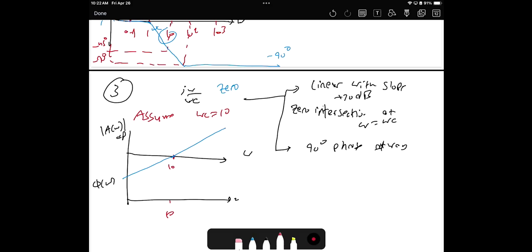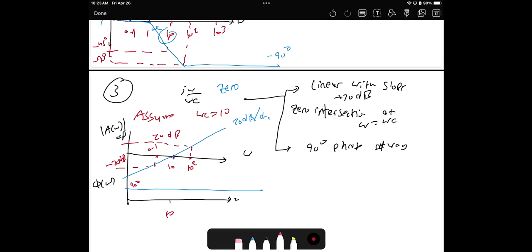For example, we have 0.1, here is 10, or 10 power 2. The slope is, again, negative 20 dB, actually positive, per decade. So at 10 power 2, this will be 20 dB. Here, this is also like negative 20 dB. It is a linear relationship. How about the angle? The angle will remain constant at 90 degrees.